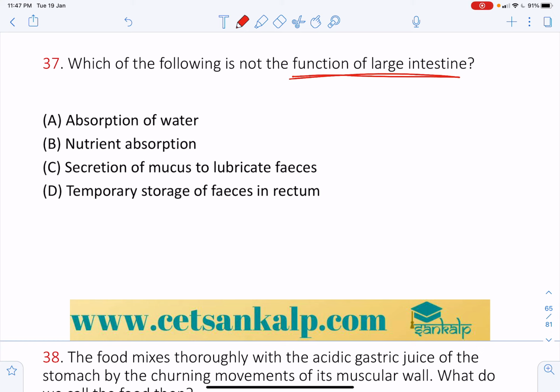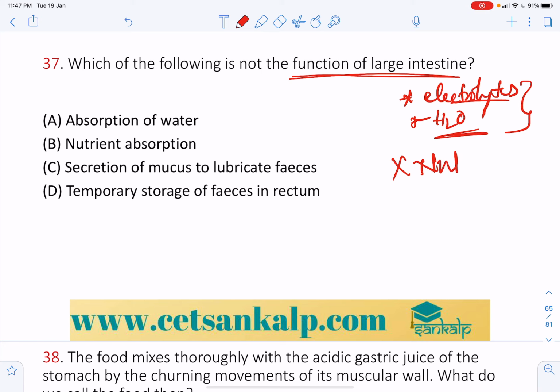We'll take that during absorption, but we'll solve this question. Generally, the function of the large intestine is that some electrolytes along with water will be absorbed, but no nutrients will be absorbed in the large intestine. Absorption of water takes place and then it produces mucus which can lubricate the feces.